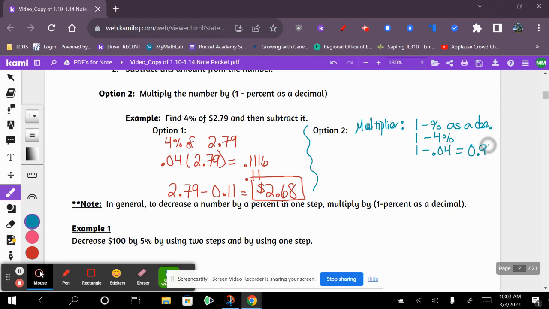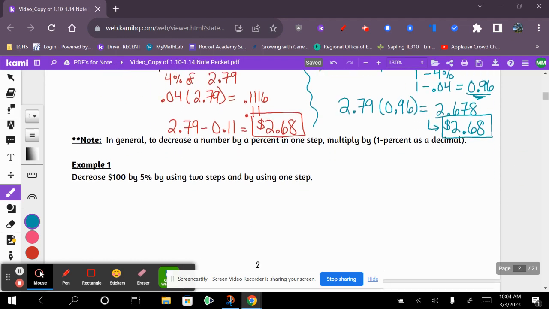So our multiplier is 0.96. Once we have that, all we need to do is take the original amount, 2.79, and multiply it by that. So we get 2.678, which rounds to $2.68, the same answer as before.